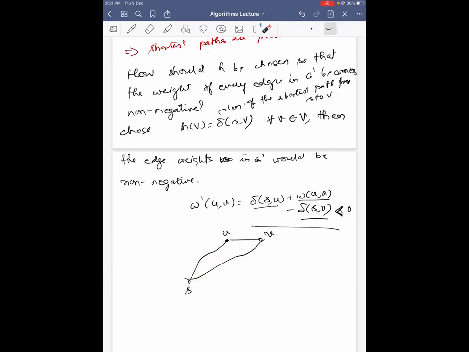Isn't it? Yes, sir. But then that would be a contradiction to the correctness of Bellman-Ford, no? Right.